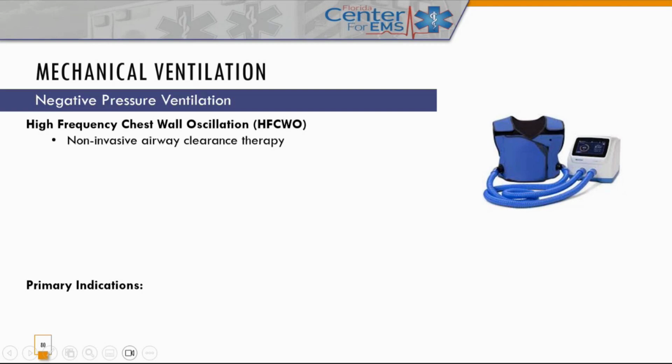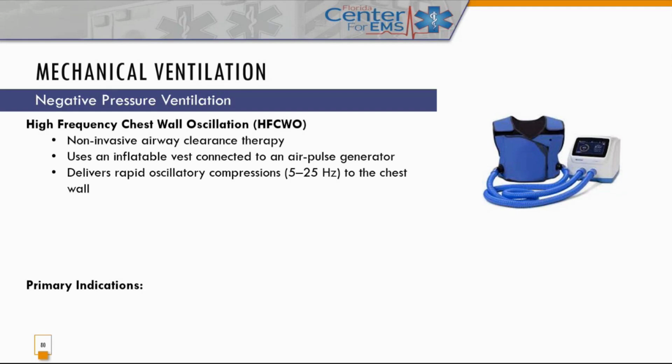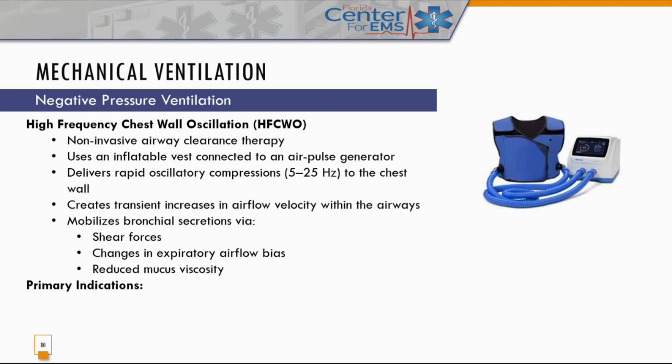So it's a non-invasive airway clearance therapy that they would wear probably several times a day. It's not something they would wear all the time. It's an inflatable vest, and it's just rapid oscillations. So you might see this in a patient that's being transported. And this is for cystic fibrosis, bronchiectasis.